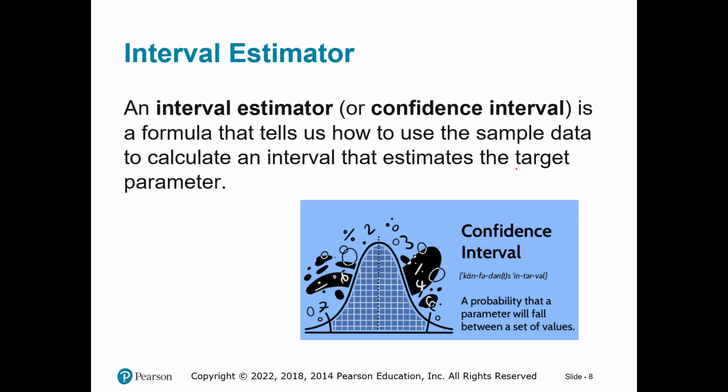An interval estimator, or the confidence interval, is a formula that tells us how to use the sample data to calculate an interval that estimates the target parameter. Look at this image. This is actually the level of confidence interval.